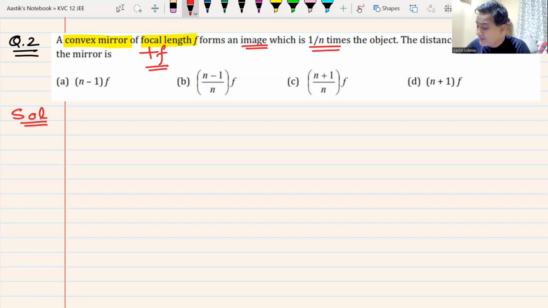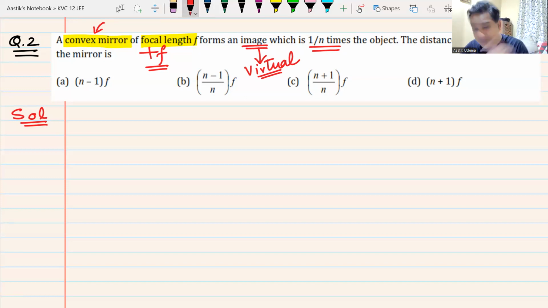Remember, whenever you encounter a convex mirror and the type of image is not given, we have to assume that it is a virtual image. Why a virtual image? Because for a real object, a convex mirror can only form a virtual image. If the object is virtual, they will probably mention that the object is virtual. Do we understand this?